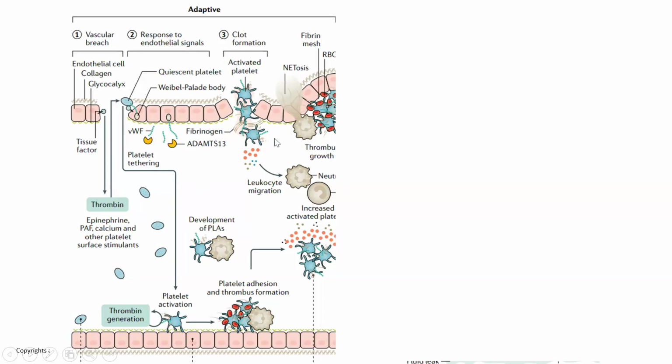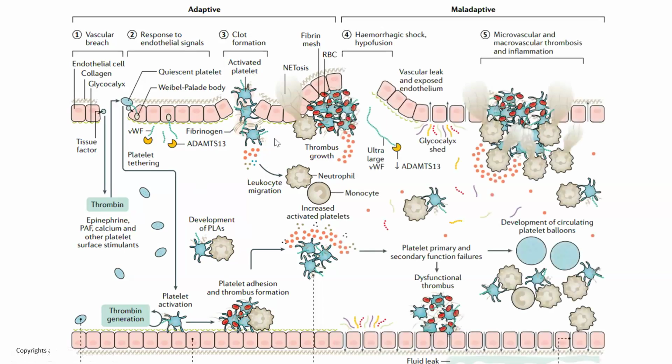So what usually happens in trauma-induced coagulopathy is, because of hemorrhagic shock and hypoperfusion, there will be microvascular as well as macrovascular thrombus and inflammation. The subendothelial apparatus goes haywire. There will not be breaking down of the von Willebrand factor.